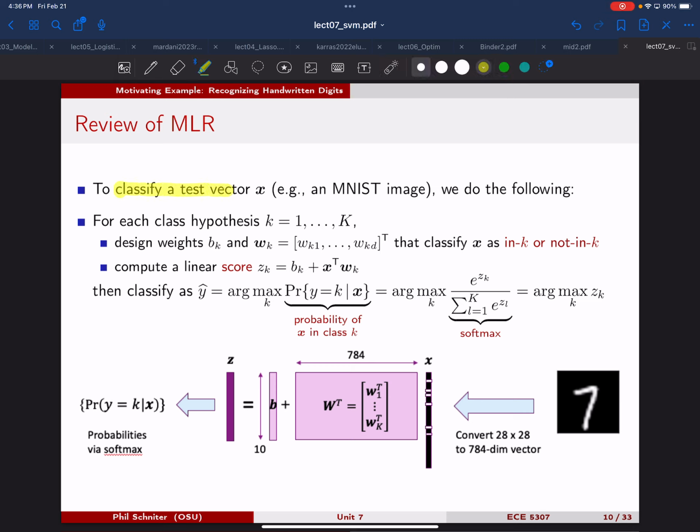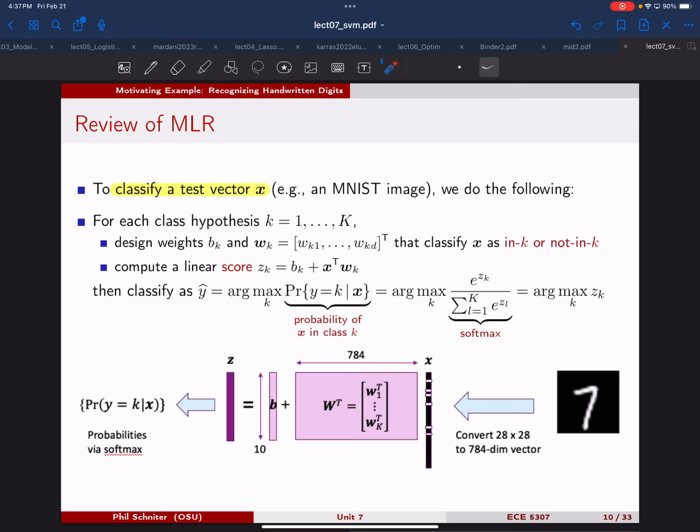If we want to classify a test vector X, which would be a flattened MNIST image, then for each class hypothesis K, where now K goes from 1 through 10, we would design some parameters, bk and Wk, and we know that when we design the kth parameters, we're trying to classify that image as either in class K or not in class K. That's the one versus rest idea.